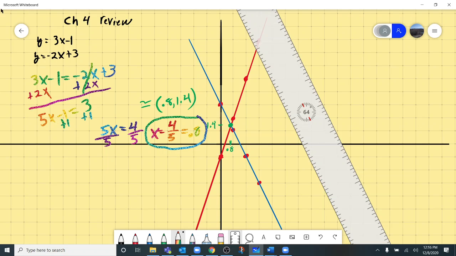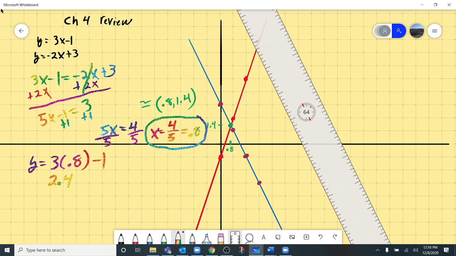And then once we have that, we can plug that back in for x and get our y value. So let's do that. Y equals 3 times 0.8 minus 1. 3 times 0.8 would give me 2.4, right?